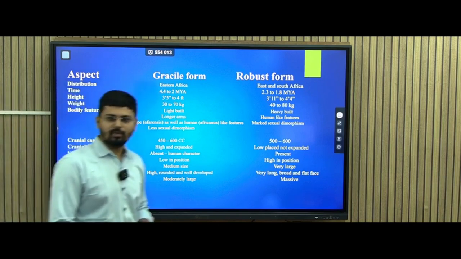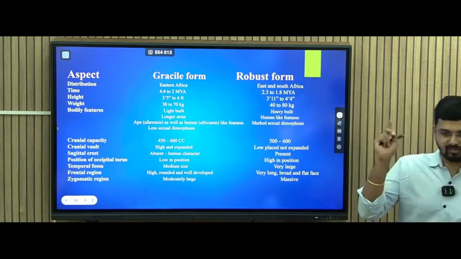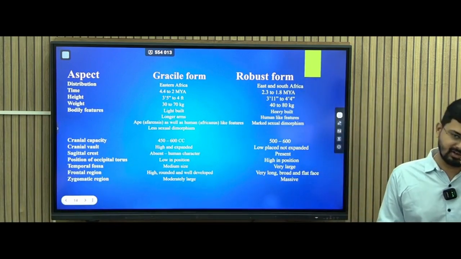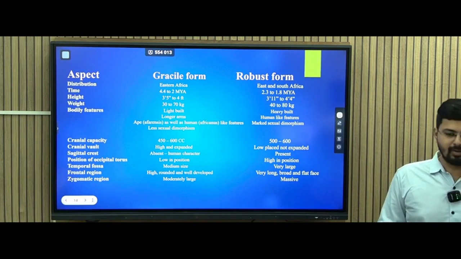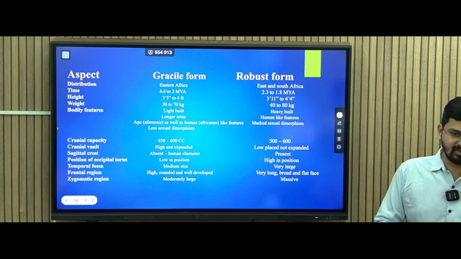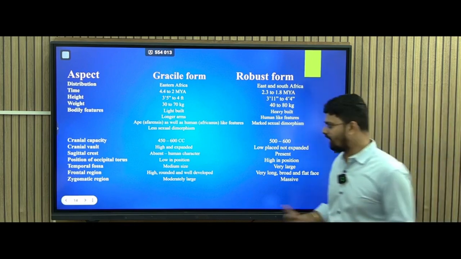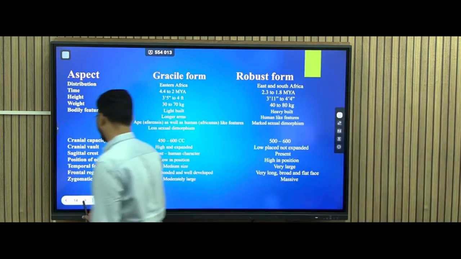You go from top. How is the mandible? How is zygomatic process, mastoid process? How is the skull, whether it's rounded, whether it's receding, supraorbital ridges, and then you come to the body part. How the hands are present, how the legs, like forelimbs, hind limbs, then pelvis, foot, done. Don't get into the minor details. It will complicate your process.